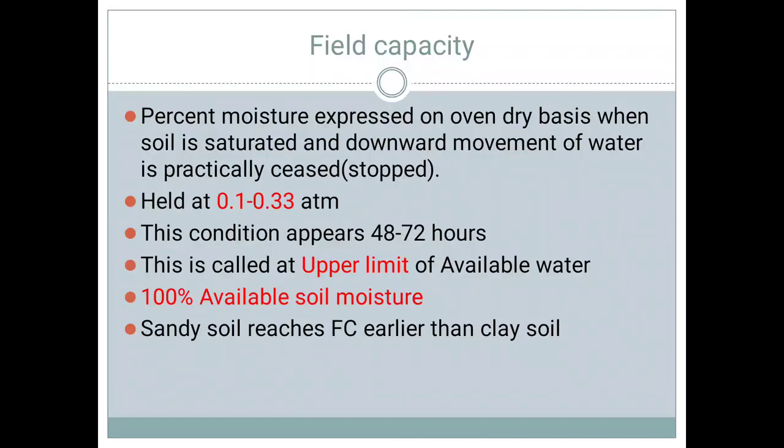So field capacity, again we have to define in a similar way with the same statement: percent moisture expressed on oven dry basis when the soil is saturated. When the soil is saturated, there is water in the soil, that is called saturation.